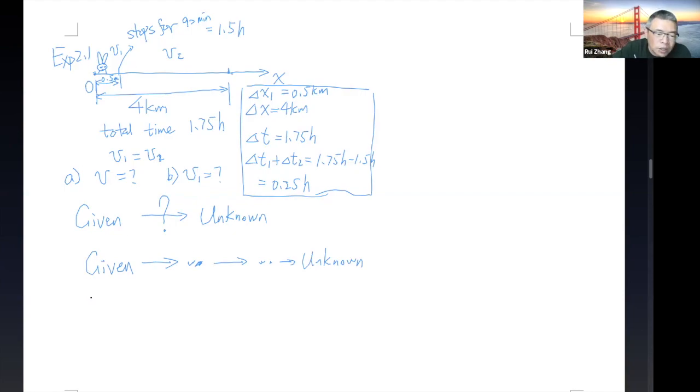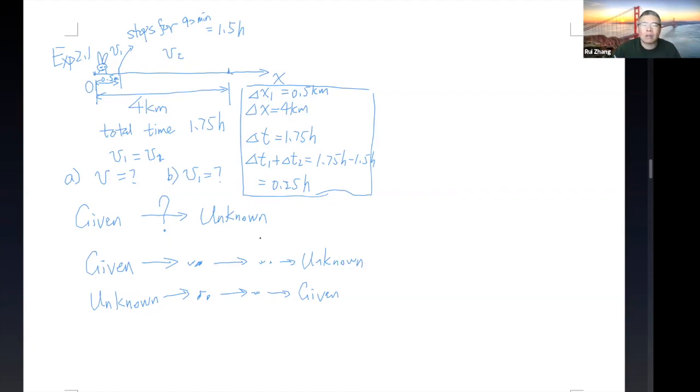Another way is you start from the unknown. To figure out this unknown, what do you need to know? So you trace backward to something in the middle, and then trace backward again, and eventually you trace back to something given. So you either go from what you have and figure out what you can get, or go from what you want to know and trace back.